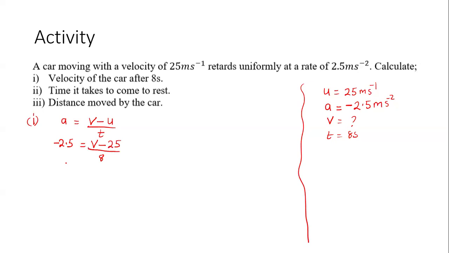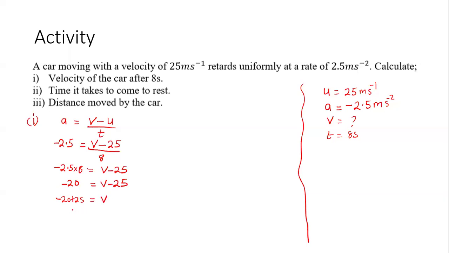So we multiply 8 on both sides, and that will be negative 20. Negative 20, yes. So we add 25 to both sides, and we'll get v as 5.